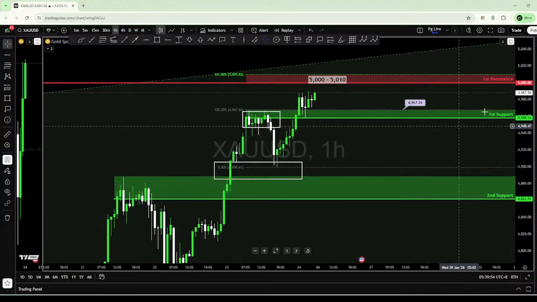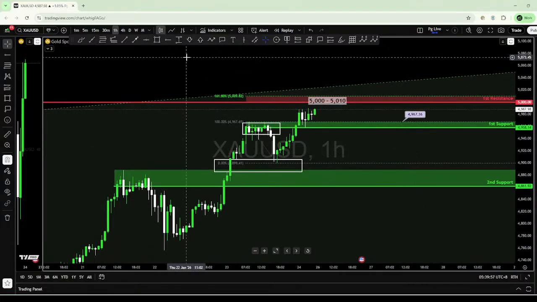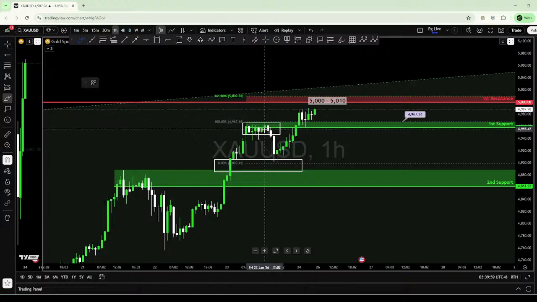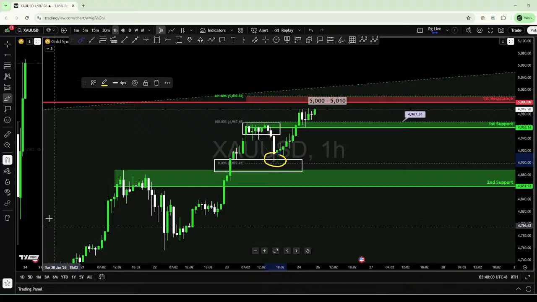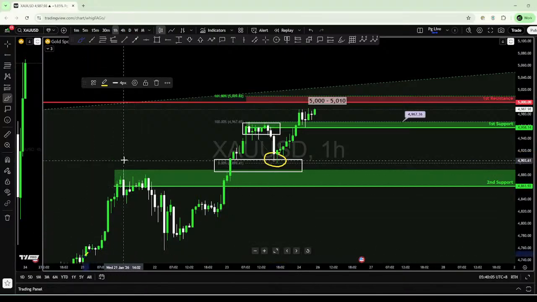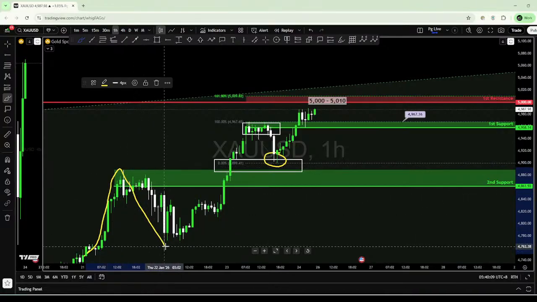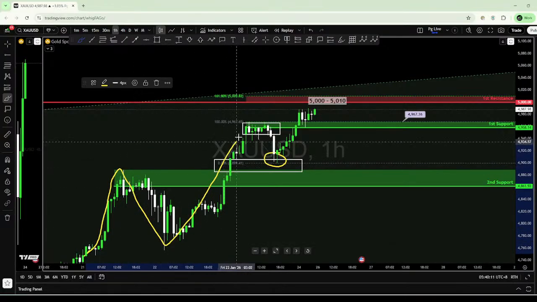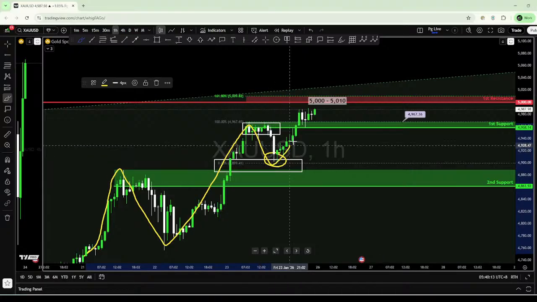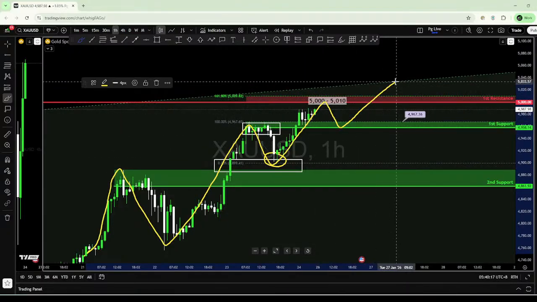If you're going to look for a structure in the H1, price needs to break below this low. This structure is still very clear, right? Higher high, higher low, higher high, higher low. They continue to respect, and then they continue going.